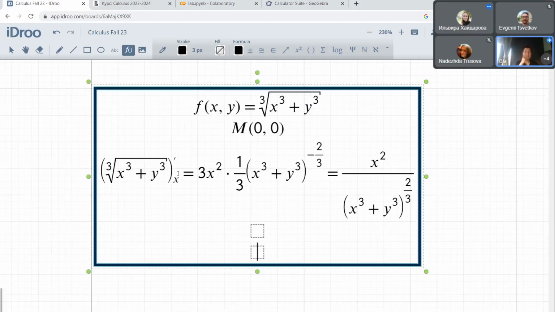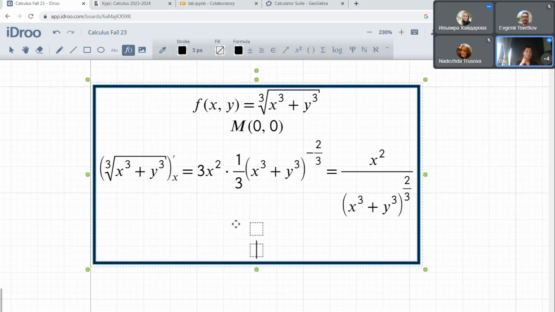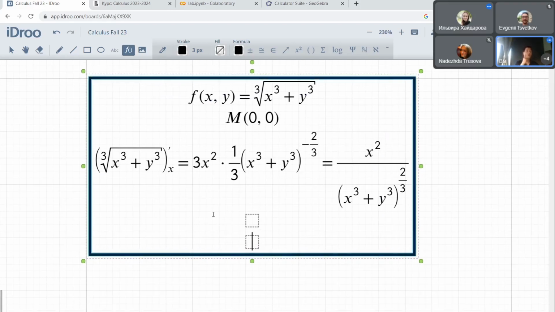So, okay, we have a formal definition of partial derivative. What is it?